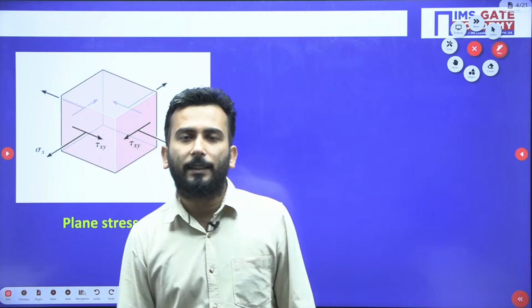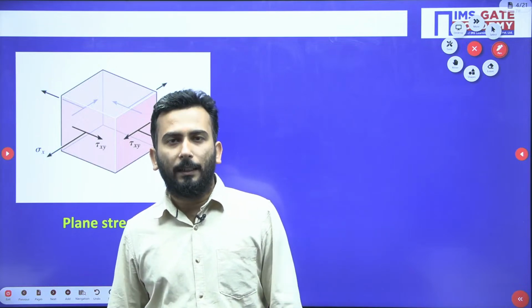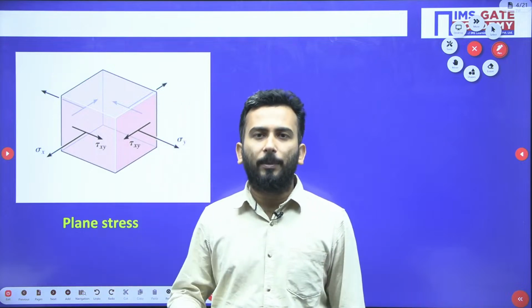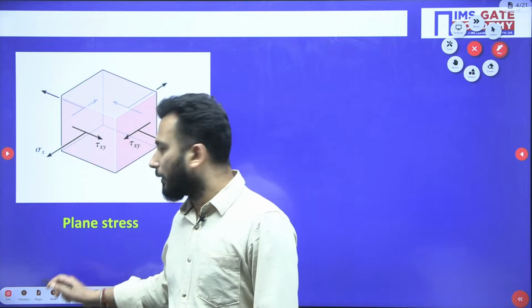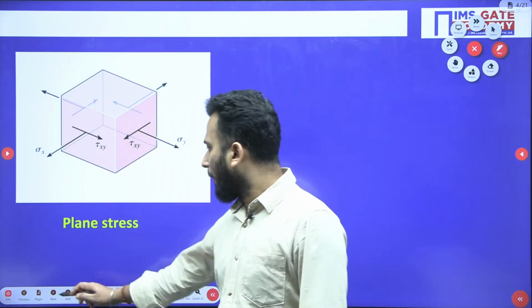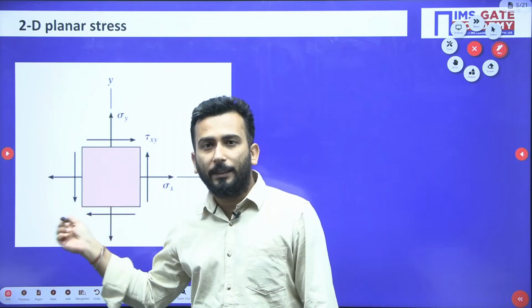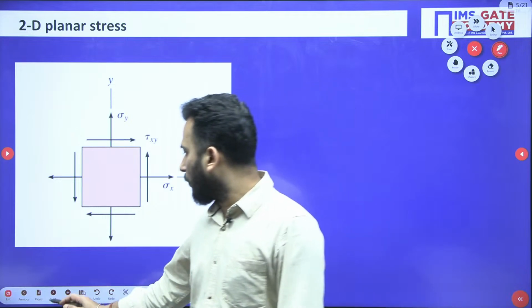In plane stress condition, the third coordinate system stresses will be completely 0, so that means Z stresses will be 0. That is called the plane stress condition. And how it is represented in this 2D format, we saw yesterday very easily.